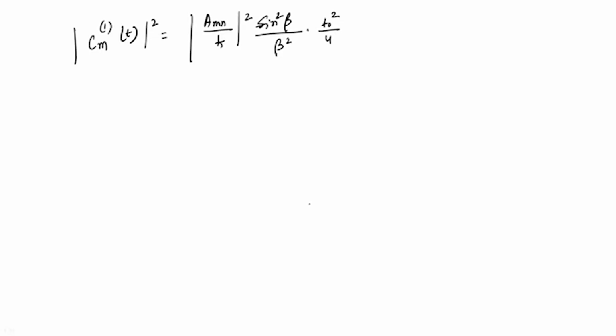Anyway, that is a constant. What is important for us is this term sine square beta by beta square. This is called a sinc function. It is like sine x by x, square of that.